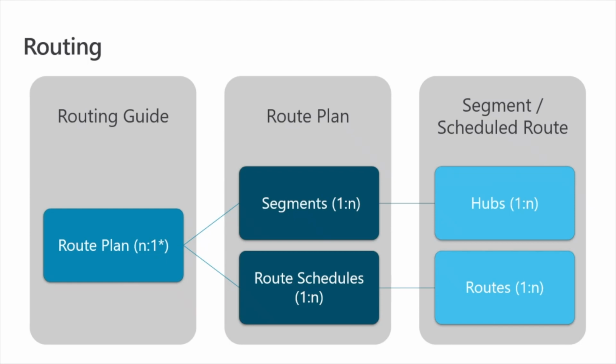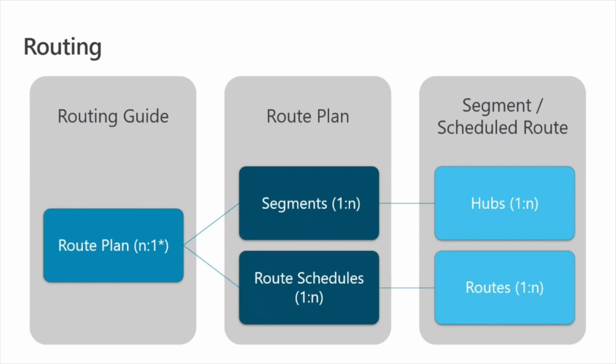And then if we look at the route schedules, their relationship at the lowest level is to those individual scheduled routes, which is going to be a one-to-many relationship. As I described earlier, if I set up a schedule that runs every Monday, Wednesday, Friday, and that weekly recurrence happens within a specified time frame, then I'm going to have all of those routes, even if it's just 1 week, right?